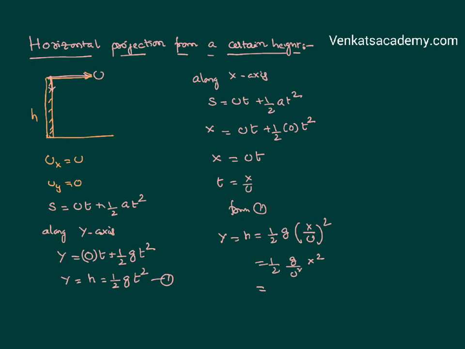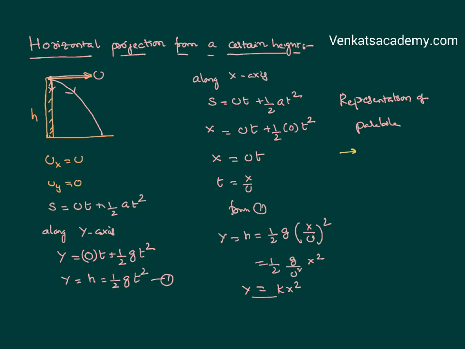I know g by 2u square is a constant, say k, times x square. So we have got a format y equal to k x square, which is a representation of a parabola, a semi-parabola, like this. So I can say this is also going to take a path of parabola.